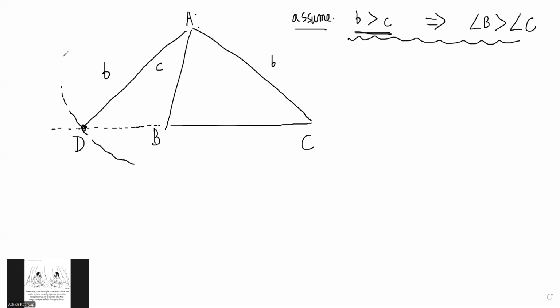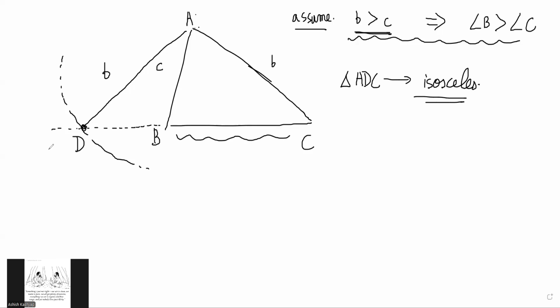You know, using compass, we can make arcs, right? Once you know the side AC, take the radius AC and make an arc like this. It will cut the extension of BC somewhere at D. So now I have triangle ADC, which is isosceles, right?